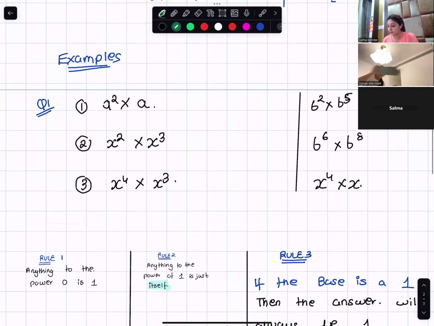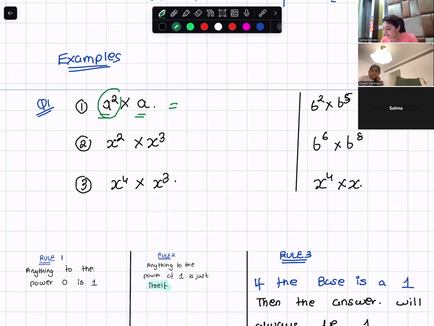Now over here, how do you do this one? A is 2 times over here, and then A is 1 time over here. So A into A into A. How many times have you multiplied A? 3 times.